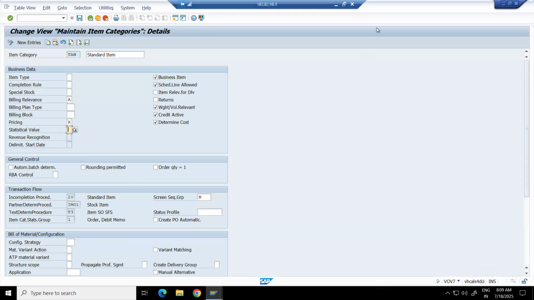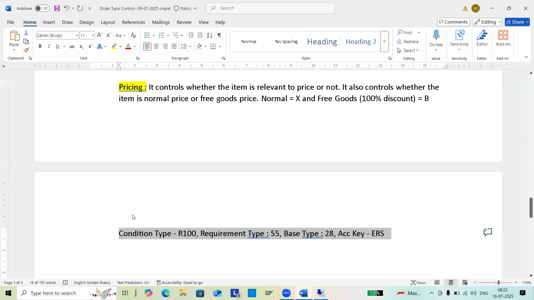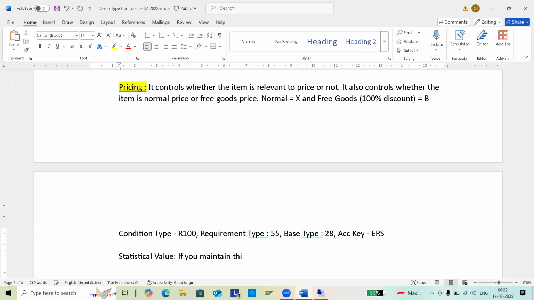Now go to the statistical one, the statistical value. Can anyone tell me what statistical means? If you maintain this, it will not affect the net value.